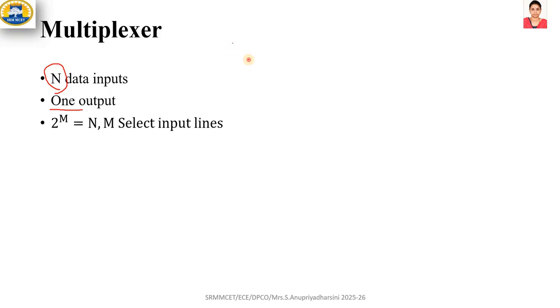For example, if I have four different inputs as seen in the previous example, I'm going to find out the number of select lines needed. I'm going to use this formula 2 power m. What will come here in the powers of 2 so that I can have 4? 2 power 2 makes 4. So I'm going to use 2 select lines here.